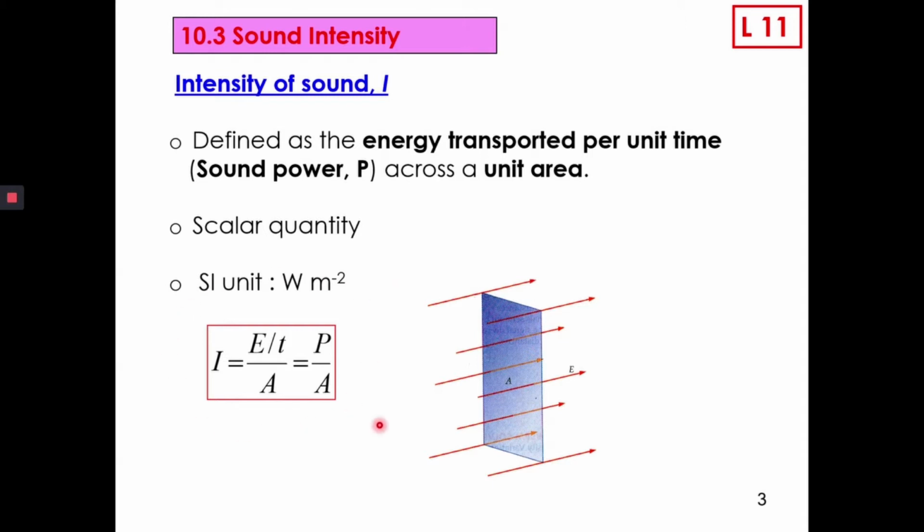The formula to calculate the intensity is I, which represents the intensity, equals the energy over time, also the same as the power, divided by the unit area.